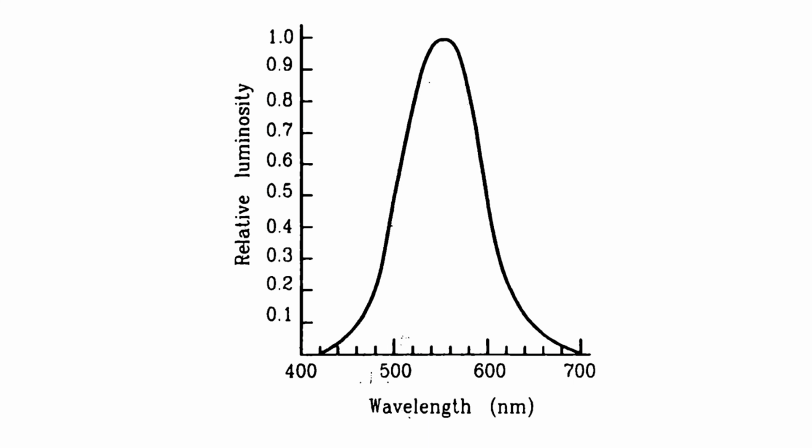For example, if 500 is asked, then this will be the value for 500. If 600 is asked, this will be the value for 600. If 700 is asked, this will be the value. If 400 is asked, this will be the value. So you can find any value using the graph.